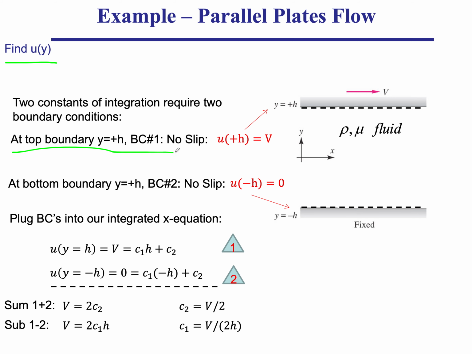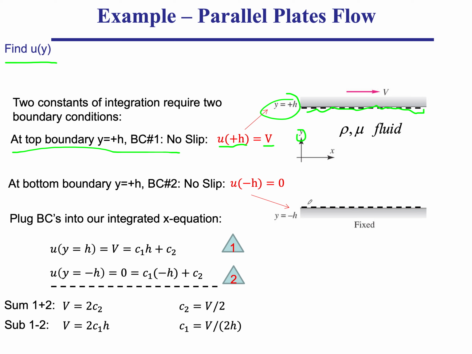So at the top boundary, we have no slip. So at the wall here, the fluid would have the same velocity as the solid boundary. Since the solid boundary is moving at velocity V, the velocity of my fluid at y equal to plus h is going to be the same velocity as the wall.